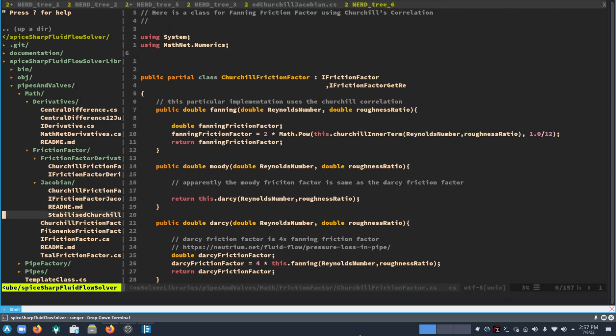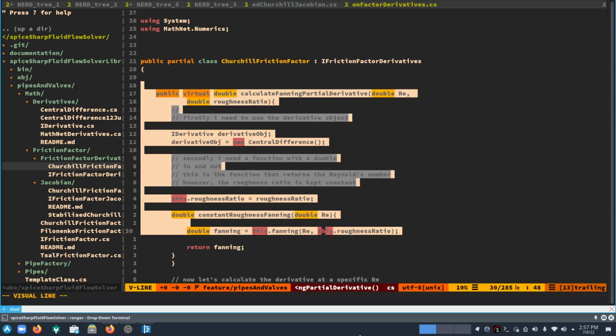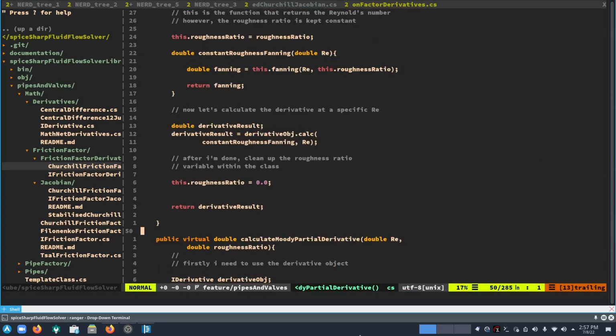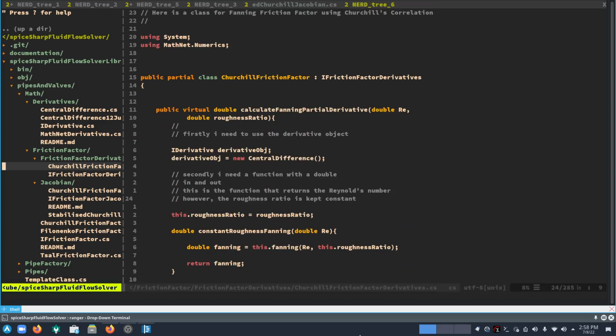I just use it to calculate the A, B, and the fanning friction factor from the Churchill correlation. Here's the one for the derivatives part, where I have Churchill friction factor also being a mega class that satisfies the I friction factor derivatives interface. So what you have here are methods to calculate the Churchill friction factor partial derivatives.